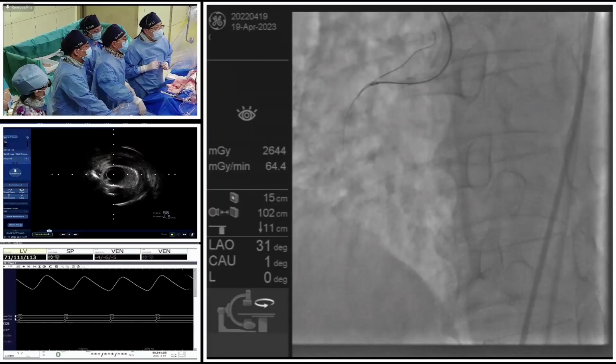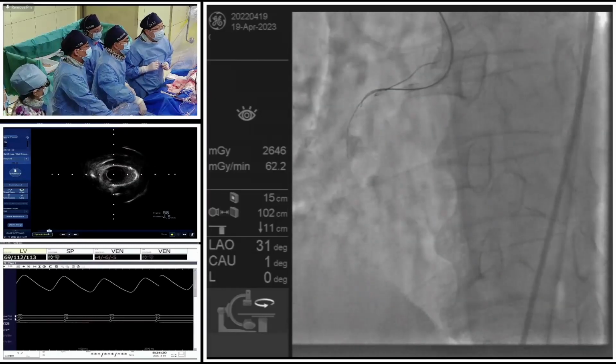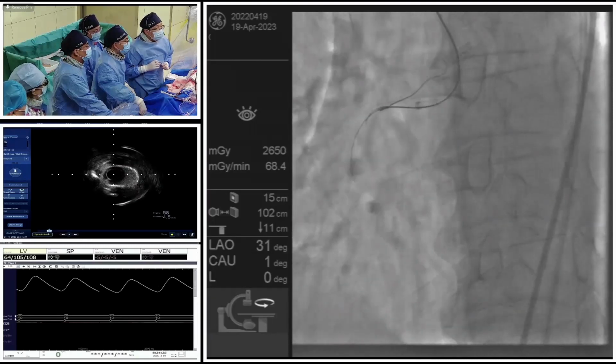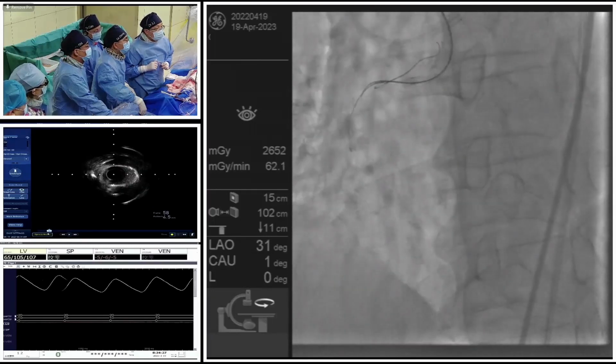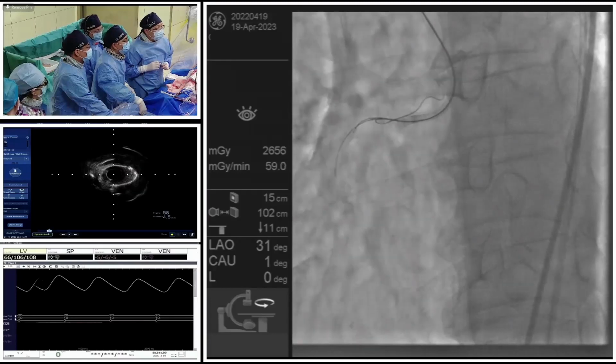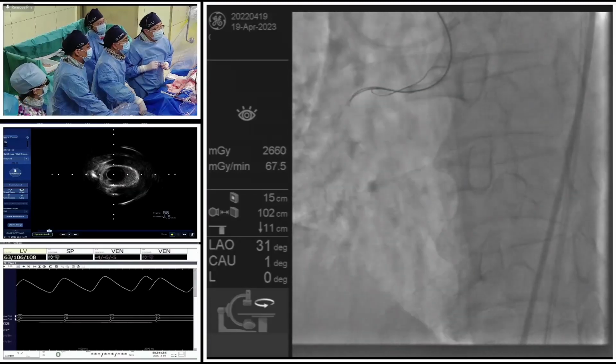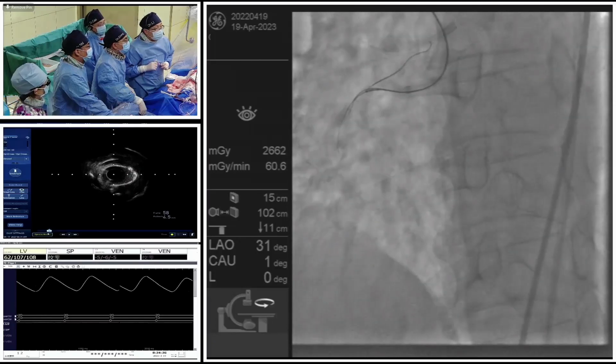And based on the last angiogram, we can see the lumen should be on the right side of the wire. So the second wire should go a little bit to the right side.